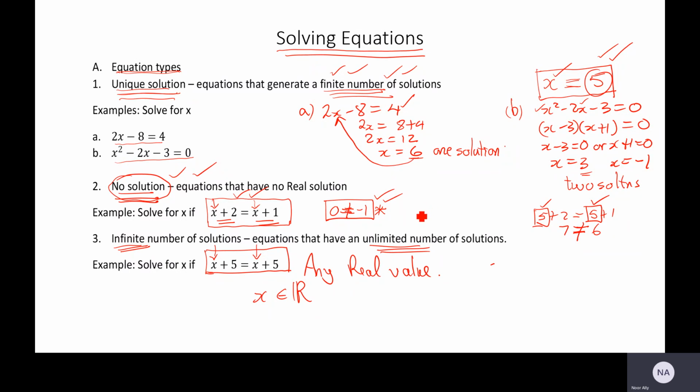In this case, I would say x is an element of the empty set, and you can write it in braces like that. That would be the empty set. I'm just trying to bring set notation as well. In this case, A, if you just go back to A over here, we have only one solution, so we can say x is equal to 6, the set that only contains 6.